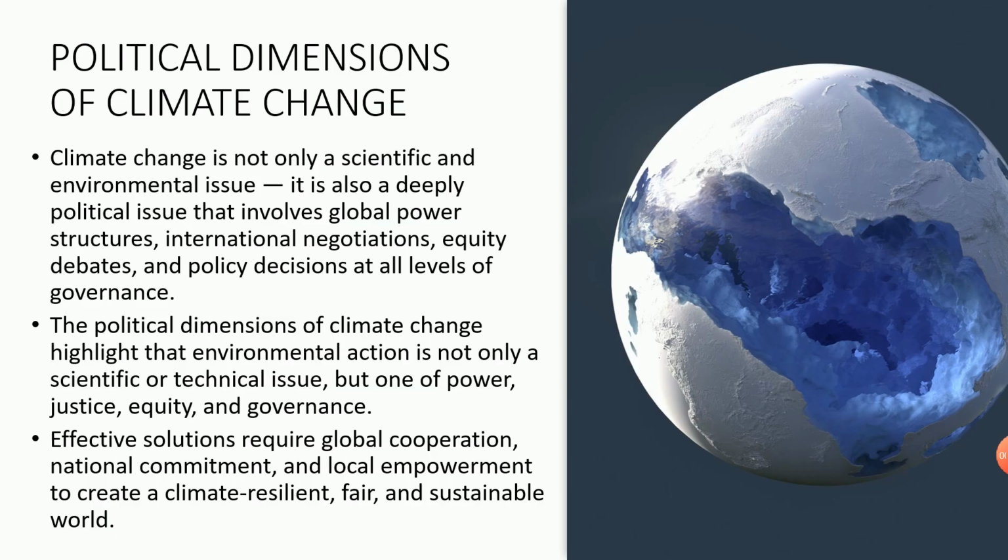There they will be deemed immigrants, and then their own problems will arise. So because of this, there are so many problems; it is one of power, justice, equity and governance. So how can we avoid this? Effective solutions require global cooperation, national commitment and local empowerment to create a climate-resilient, fair and sustainable world.